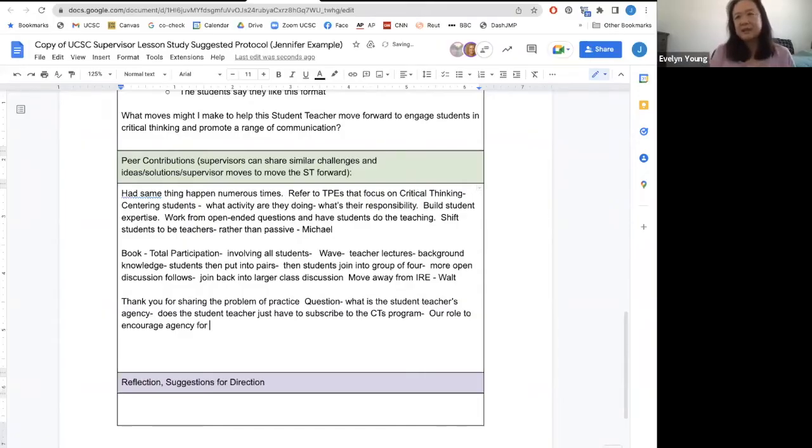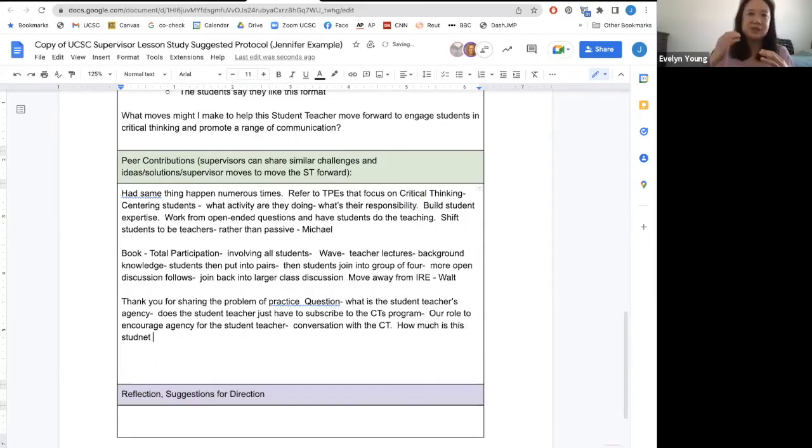The second thing that I wonder about is how much the student is bringing, I'm sorry, is it a he? His own experiences from his student experience into the teaching experience, and how much is he reproducing what he knows and translating it into the classroom?